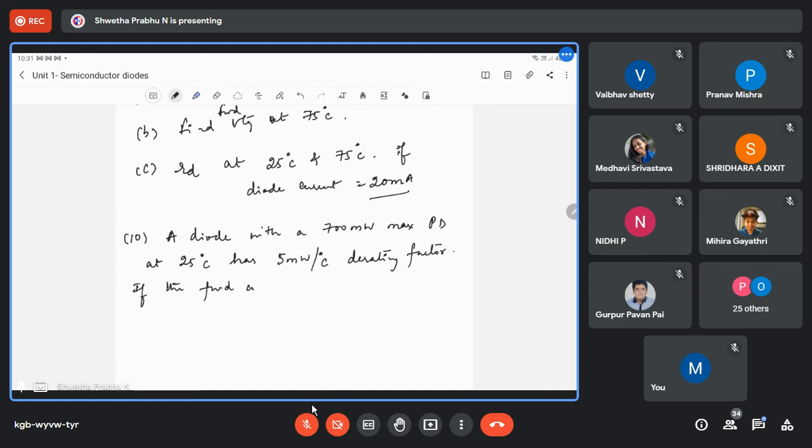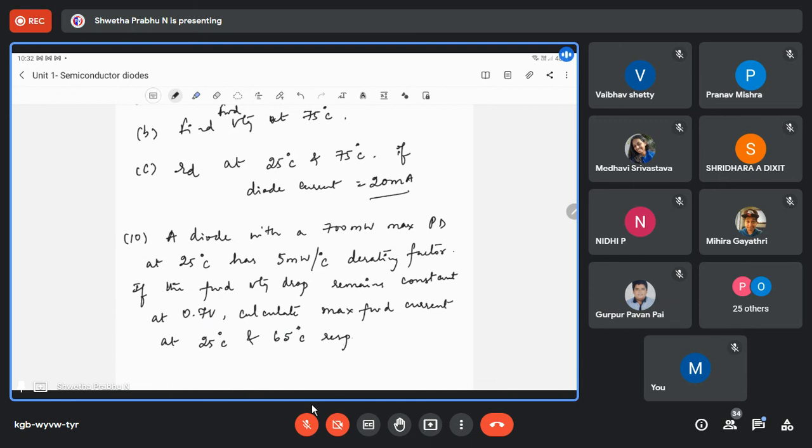If the forward voltage drop remains constant at 0.7 volts, calculate the maximum forward current at 25 degrees centigrade and 65 degrees centigrade, respectively.